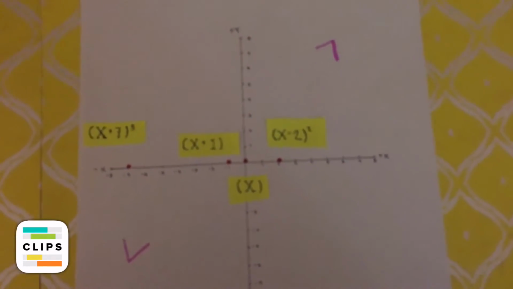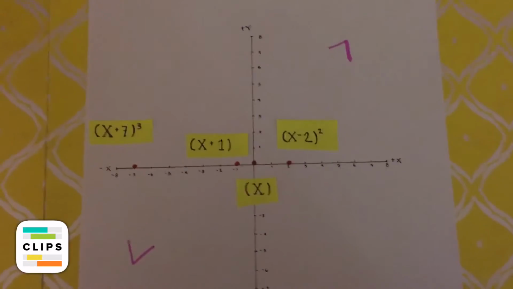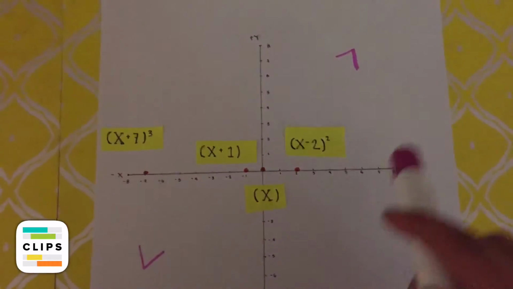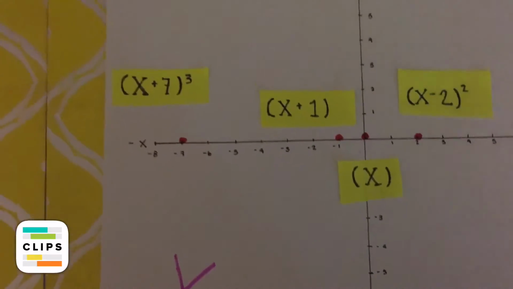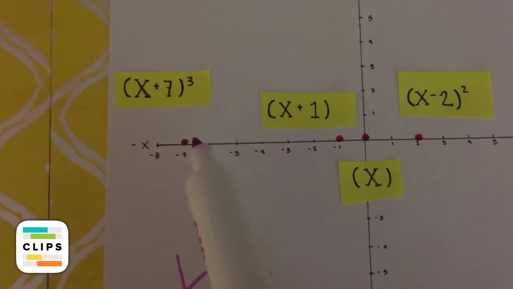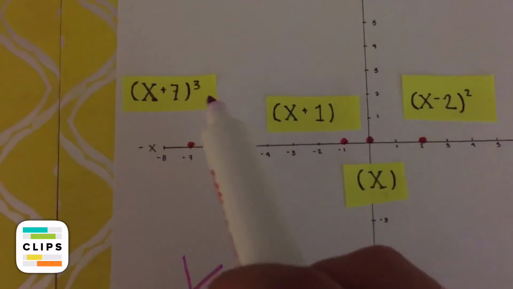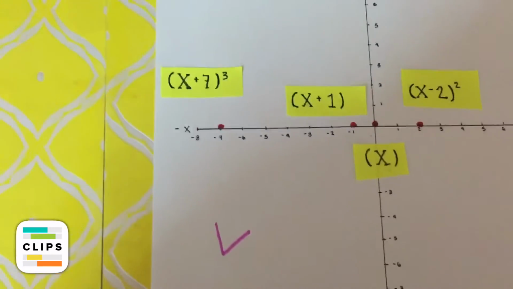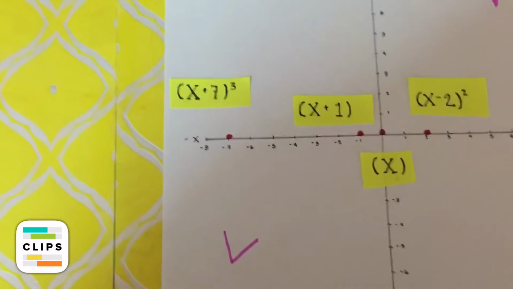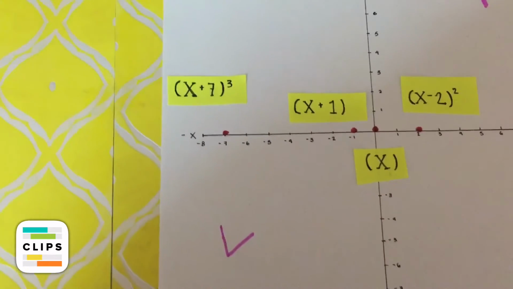As you can see, I mark the x-axis here. So here we have our x-intercept at negative 7, cubic. So it's going to look like an S shape, or almost half of a parabola.